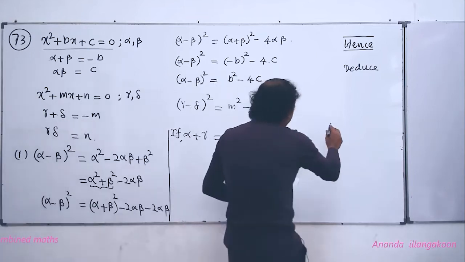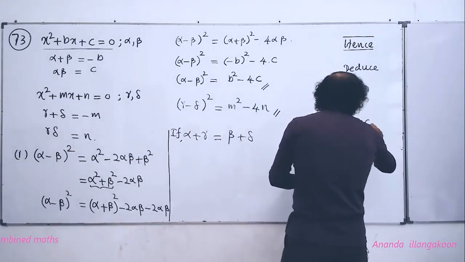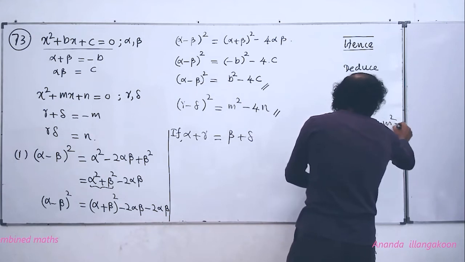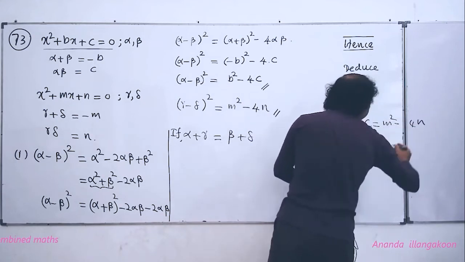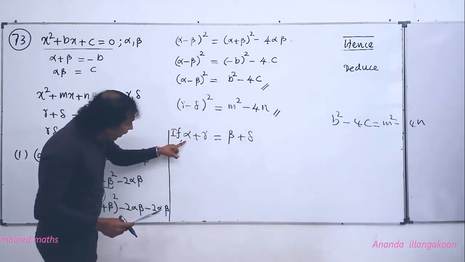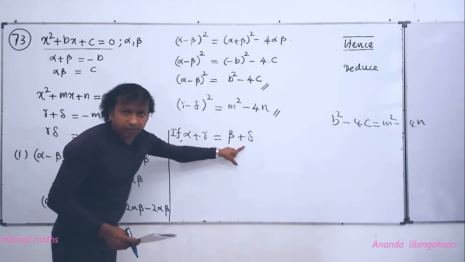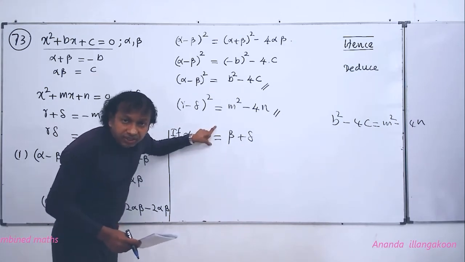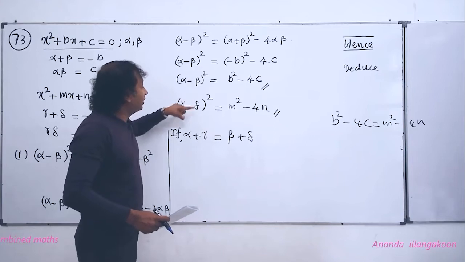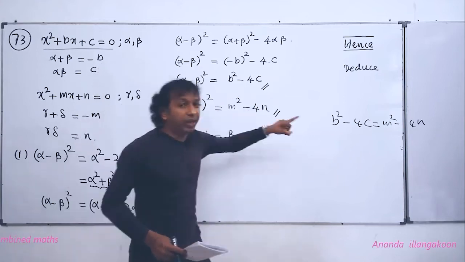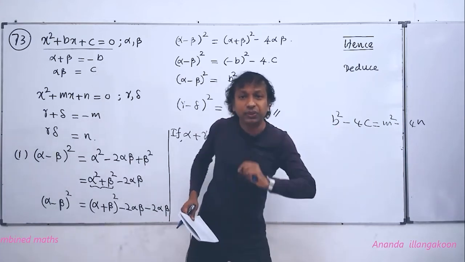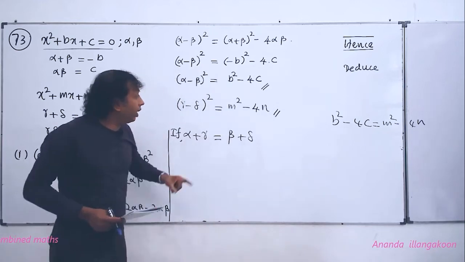What result, people? B squared minus 4c equals m squared minus 4n. You are given alpha plus gamma is equal to beta plus delta. Using this, with the help of this and this, we have to obtain this answer. That is the meaning of deduce. Why do we say with the help of these two?